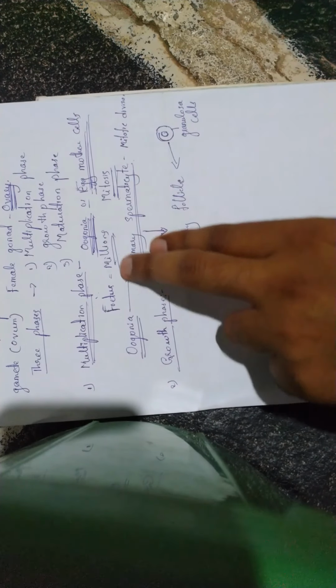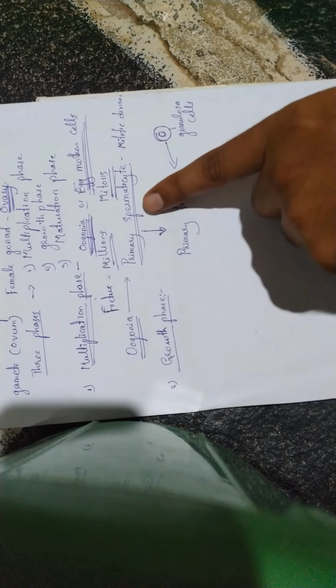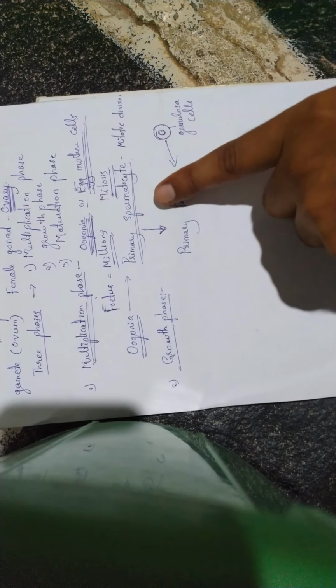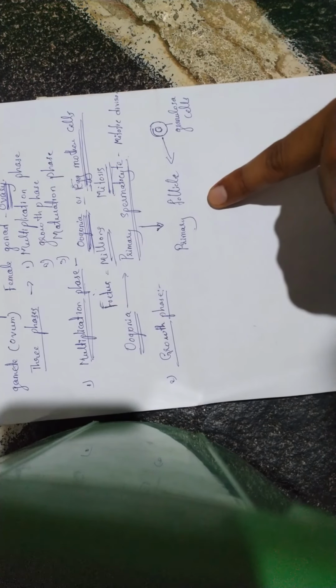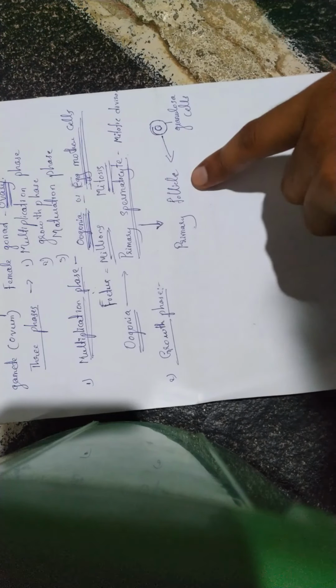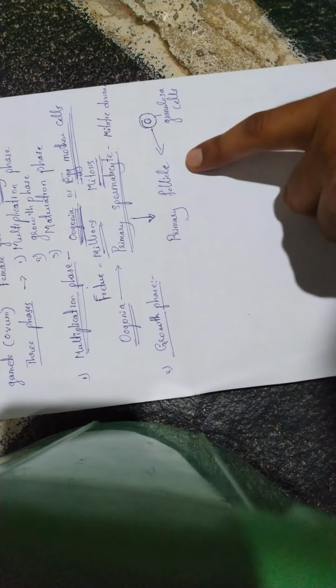I told you millions of egg mother cells or oogonia exist, and they develop as primary oocytes, and so many of them degenerate. A large number of follicles degenerate during the period from birth to puberty.